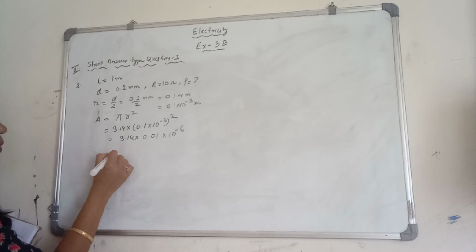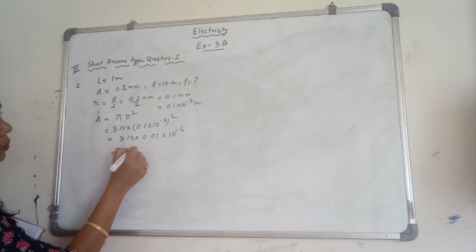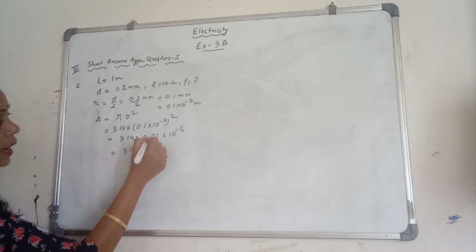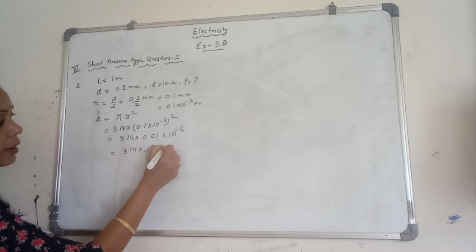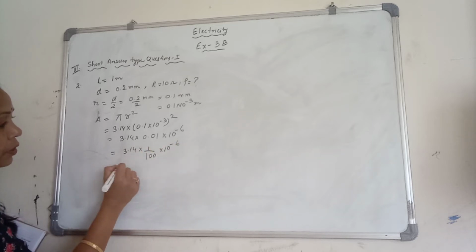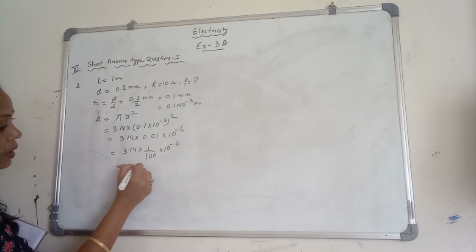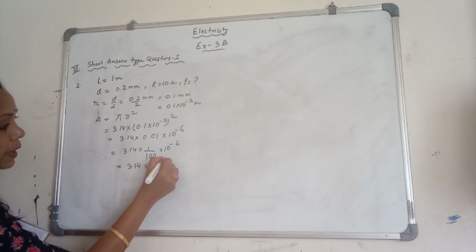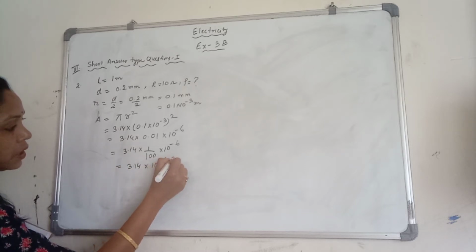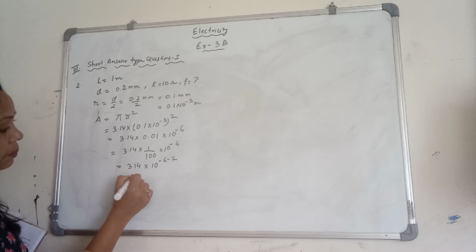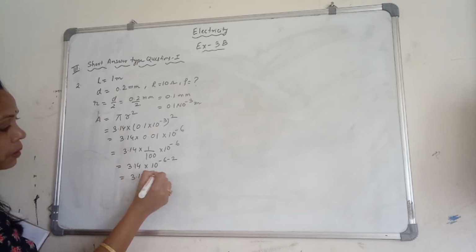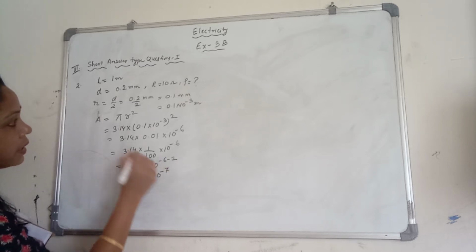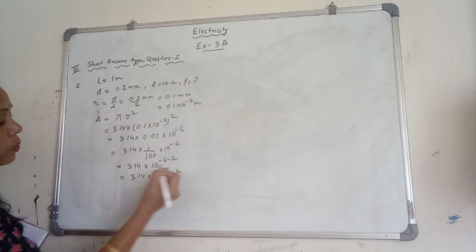So this one becomes 3.14 into 1 by 100, 10 to the power minus 6, for easy calculation. 1 by 4 into 10 to the power minus 2. So this is 3.14 into 10 to the power minus 7, and this is meter square.